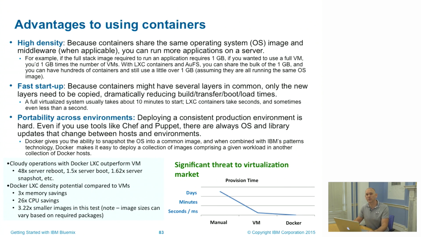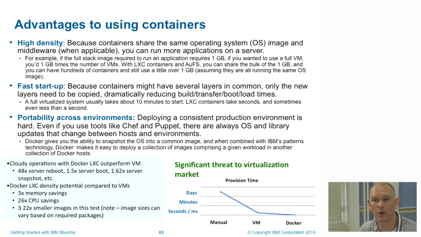If you've noticed, when you scale a Bluemix application, the additional instances come online within a second or so. I don't have to wait for the operating system to boot up and then start the middleware. And containers are also portable. So I can take a container from Bluemix and run it on a local laptop that's running the Docker service as well.